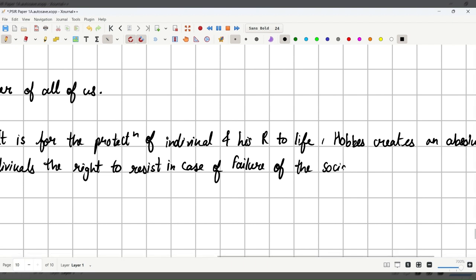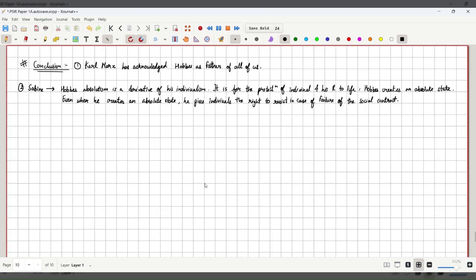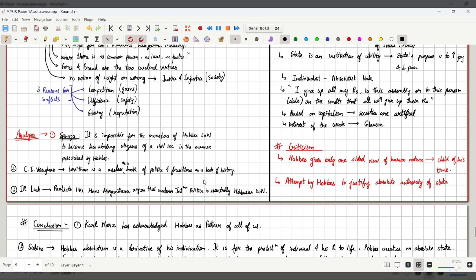Okay, which basically means that the state cannot deprive the person of his right to life. Okay, so I think with this, Hobbes is over.